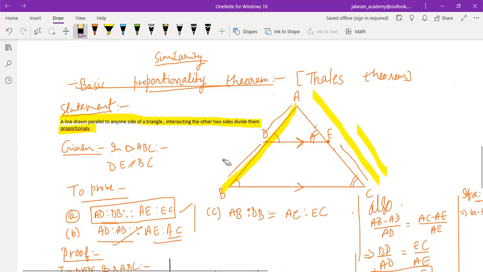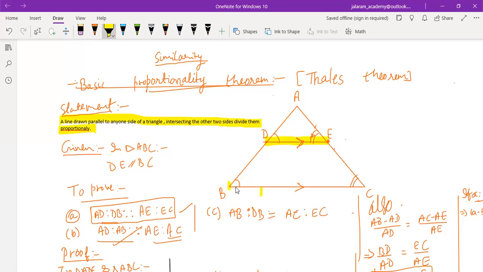It means that if DE is drawn parallel to BC, it divides side AB into two parts, AD is to DB, and side AC into two parts, AE and EC. So their ratios are equal.